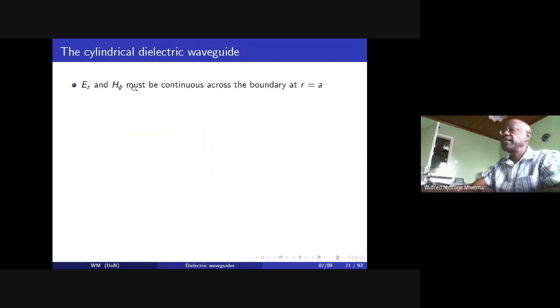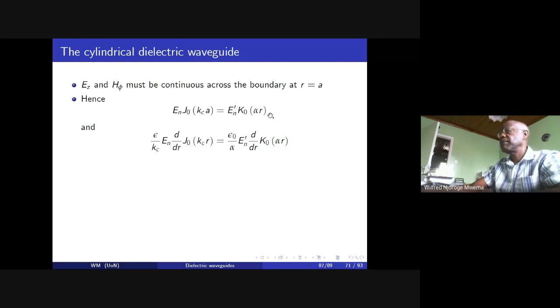So Ez and H phi must be continuous across the boundary, that is the dielectric-air interface, which is circular at r equal to a. And hence, we must have that E_n J naught Kc a must be equal to that value inside the dielectric, and that the magnetic field intensities must be equal at the interface.